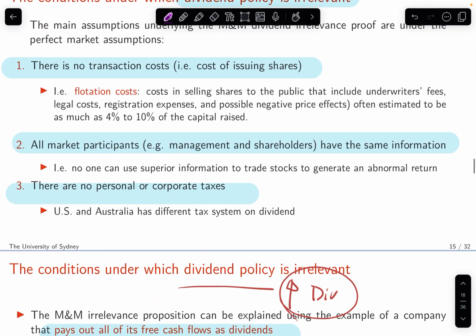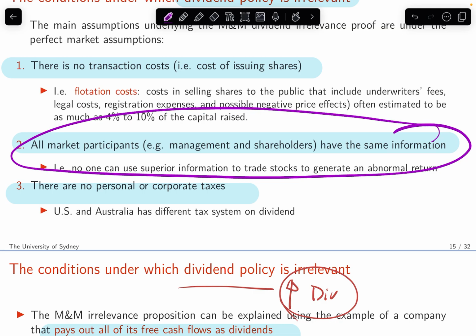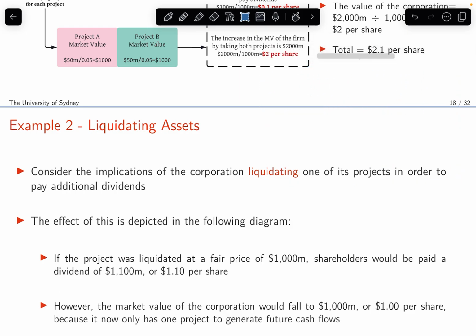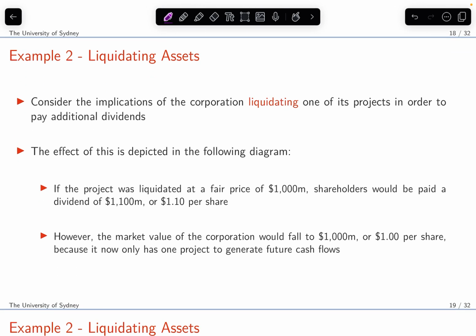In a perfect market scenario where the market has perfect information, we know that the company is no longer worth 100 mil, but is now worth 99 mil because it has gotten rid of $1 million worth of equipment. Therefore, even if you pay out 1 mil in dividends, the net shareholder value is the same. It's 100 million, because it doesn't matter if you have 100 mil in a company or 99 mil in a company and 1 mil in dividends, it is the same effect, given there are no taxes and no transaction costs.